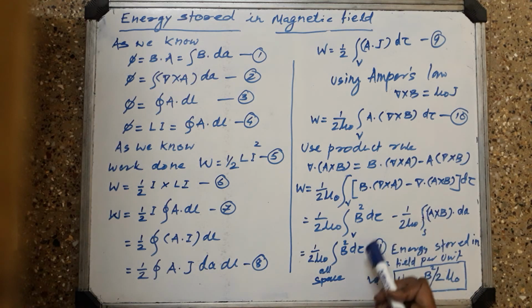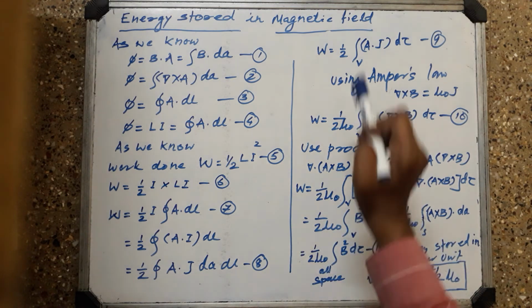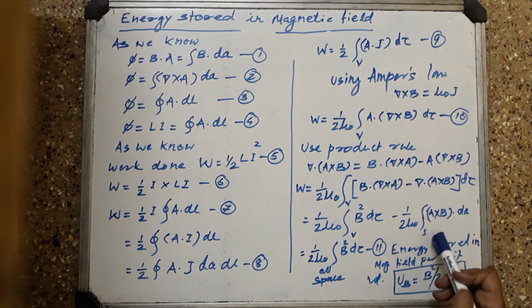So we got 1 by 2 mu naught integral over all space of B square d tau. So we can say that the energy stored in the magnetic field per unit volume is B square by 2 mu naught. This is the energy stored in magnetic field.